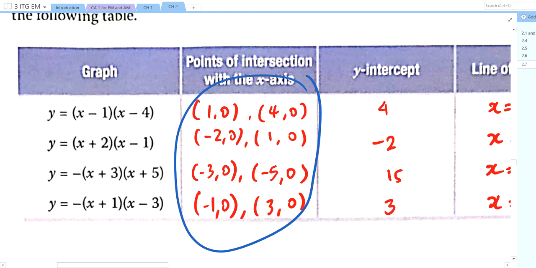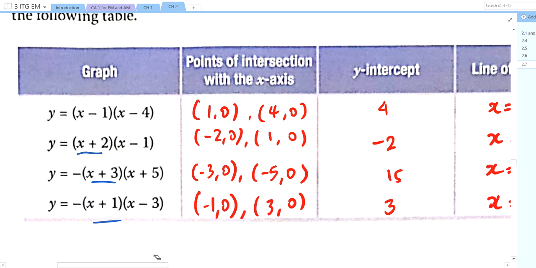Okay, so take 30 seconds to fill this in. All you need to do is to just let both of the brackets be equal to 0. Write down the x coordinate. And of course the y coordinate must be 0, since they are all on the x-axis. Okay, just fill in this part.